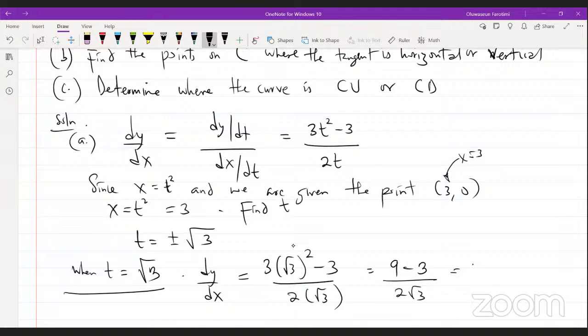On top you have 6 divided by 2 root 3, which is 3 divided by root 3. By rationalizing, you get the square root of 3. Again, this is the slope. Remember, slope.